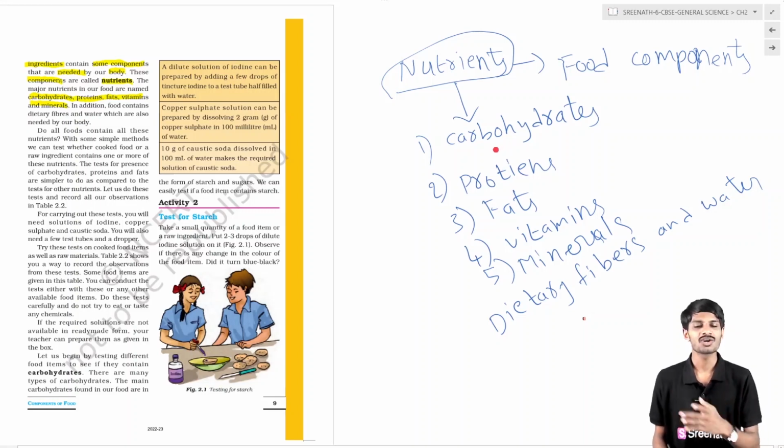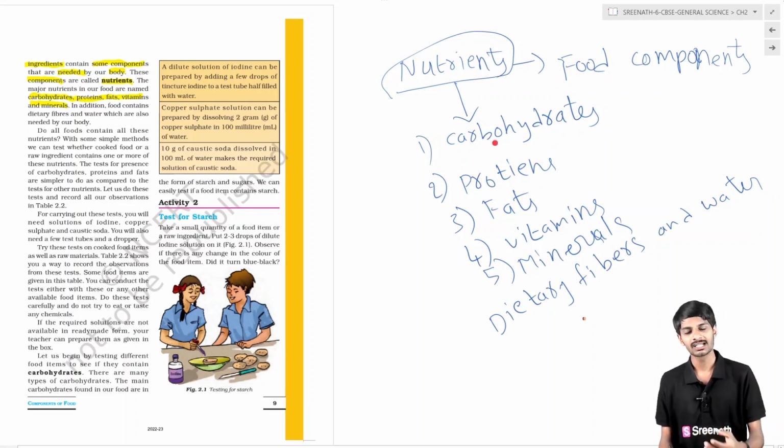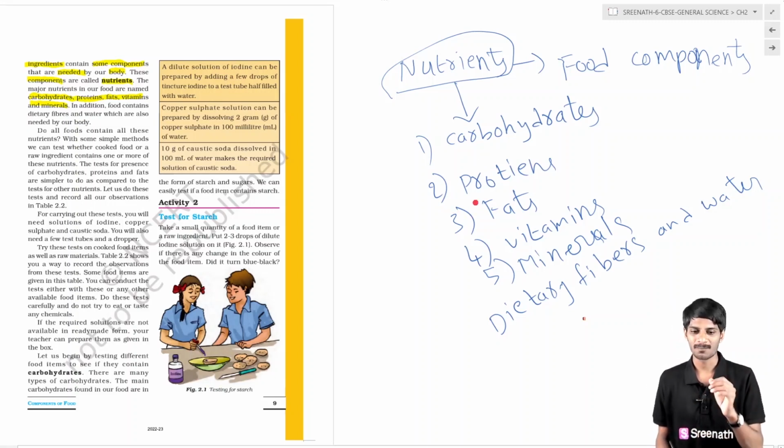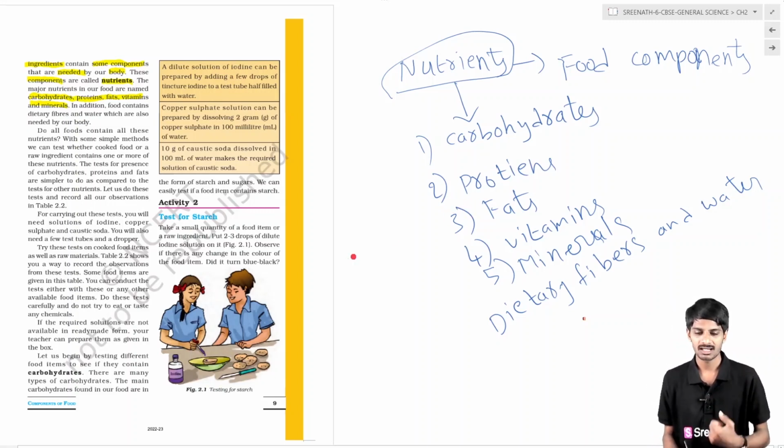So without wasting time, I will help you with how to do those steps. Listen carefully to all those steps, and after listening, try to perform them to find out whether your food contains carbohydrates, proteins, or fats. Okay, now we will begin our tests.